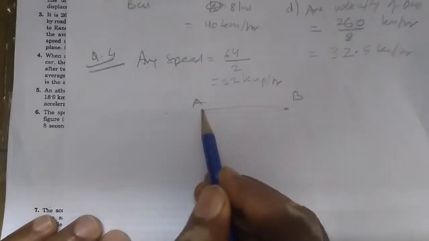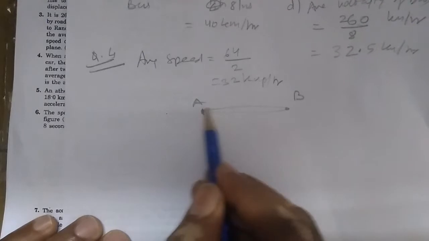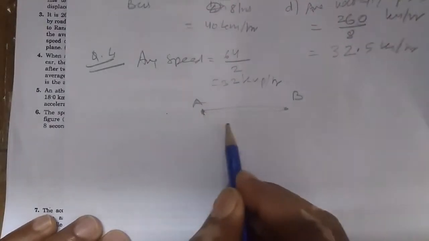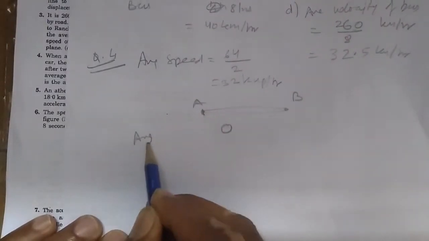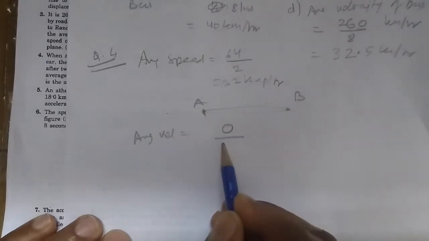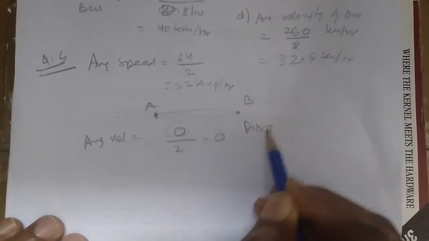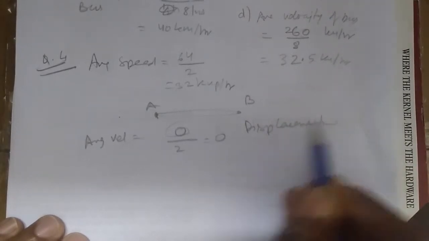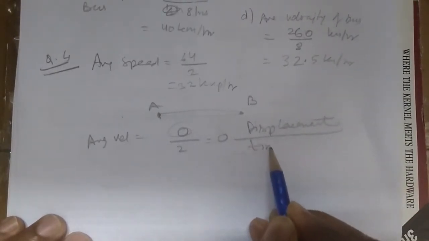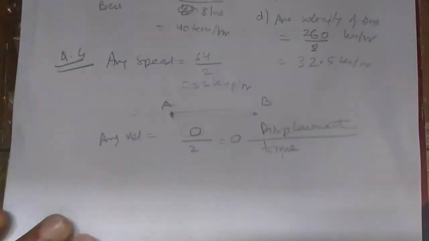The initial position is the same as the final position, so the magnitude of this vector will be 0. We always say displacement divided by time. The displacement is 0 and time is 2 hours. So the average velocity is 0.